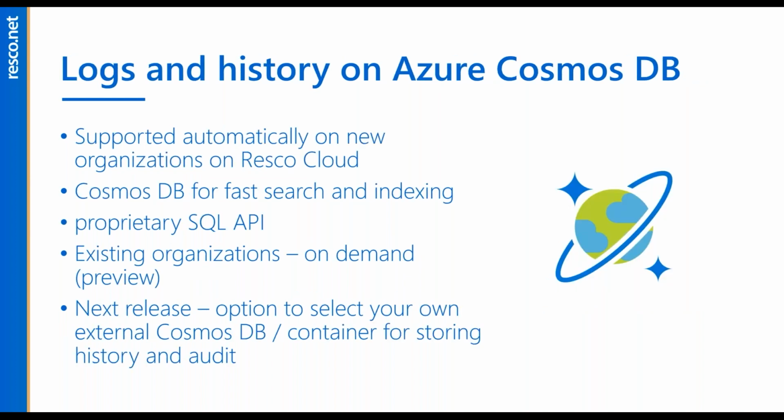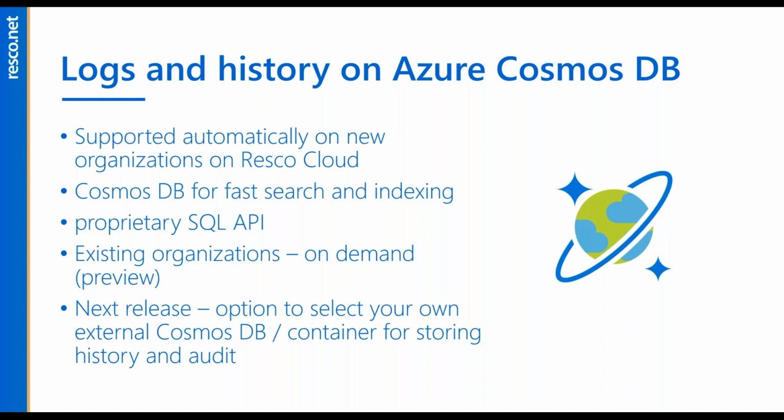One of those is the Cosmos database, which is really quickly accessible indexed data, which you are using in the functionality of history and log files. So in this release, we bring this functionality that you are able to log all history, changes, and actions that happened in the backend automatically into the Cosmos database, which is something like Elasticsearch by Microsoft.